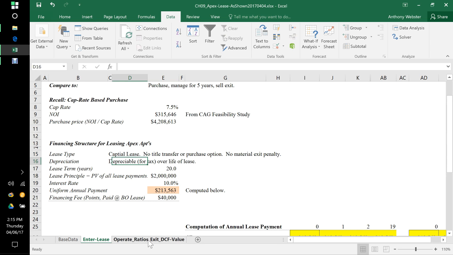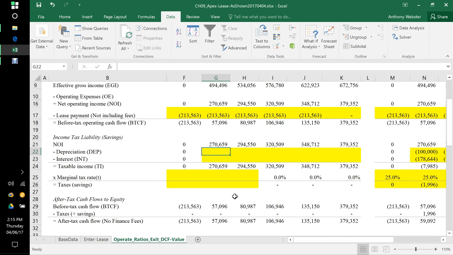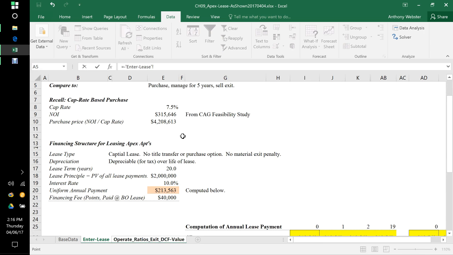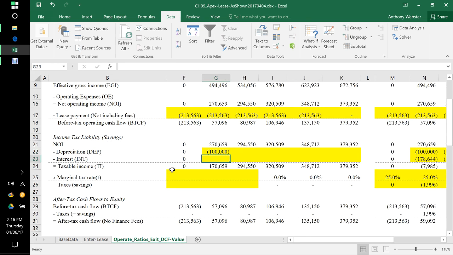So it is here. Let me go back here and say equal to minus my PV divided by the lease term. Yep, that's looking good. And I'll say this guy is equal to that guy.